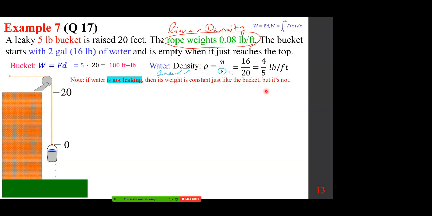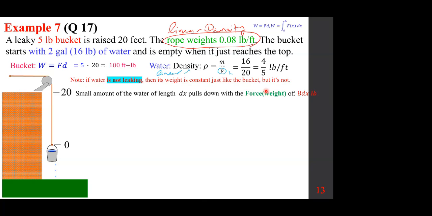So you just follow this concept that was explained before: a small amount of water of length dx pulls down with this force, 8 dx, and let x be the distance. So this is delta x, an increment of the rope or the water for that matter.